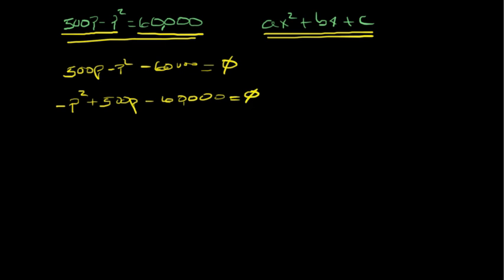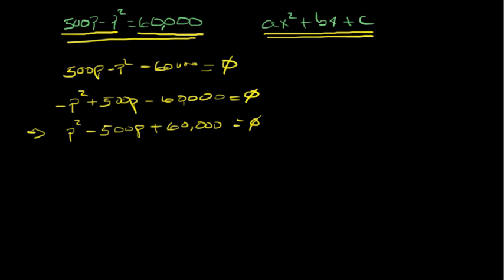And then the final step is to get rid of this negative p squared coefficient. It's just easier. It doesn't change things. P squared minus 500p plus 60,000, and then a negative 1 times 0 is still 0 over here. So this would be the format into quadratic equation.